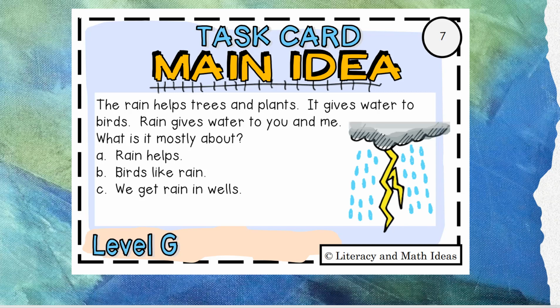Another thing I want you to notice is about how they worded a main idea question here. Here it says, what is it mostly about? Sometimes a question that deals with main idea will ask what a passage is mostly about. It will ask you what is the main idea, or it will be something similar to that, but it might be worded kind of differently. But the big idea is for you to tell what most of the sentences tell about. So let's read this passage now.